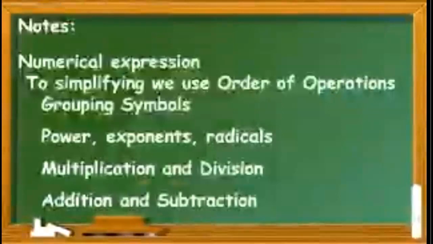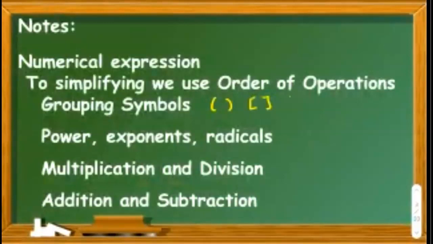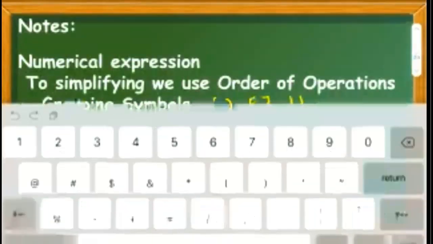Okay? So you might have parentheses, but you could also have the brackets. You could have parentheses within brackets. We might also consider the absolute value as a grouping symbol.